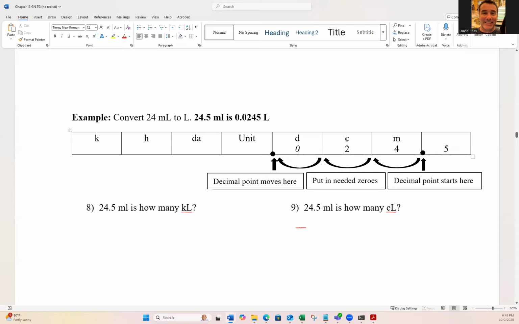So here's your milliliters, 24.5. The decimal's here, and you need to go to liters. So you're going to go 1, 2, 3. Now you're at 0.0245 liters.